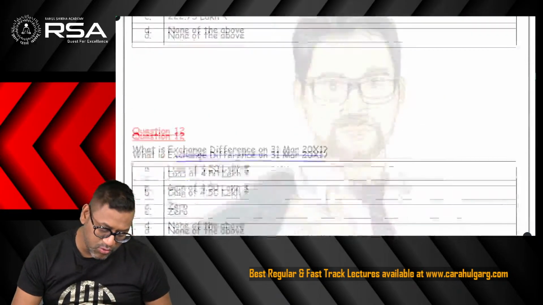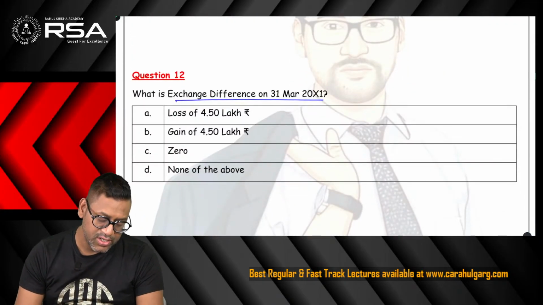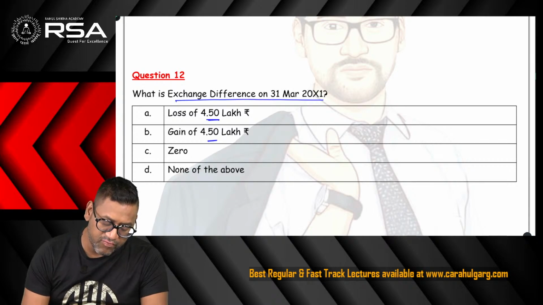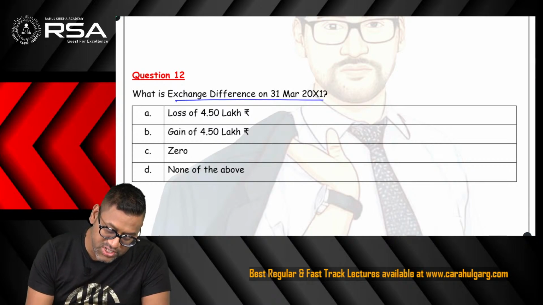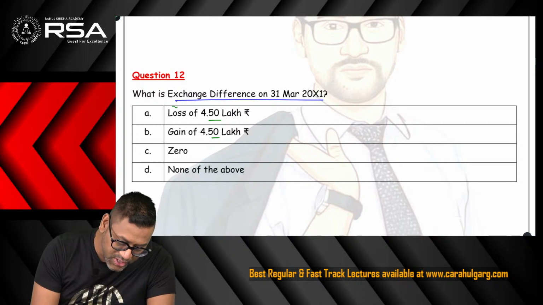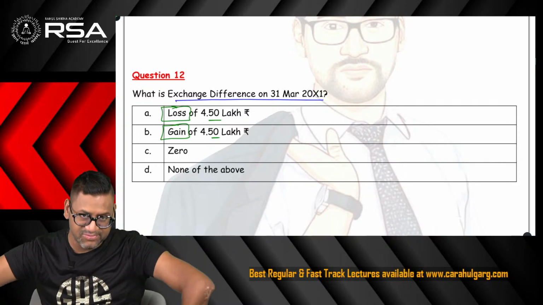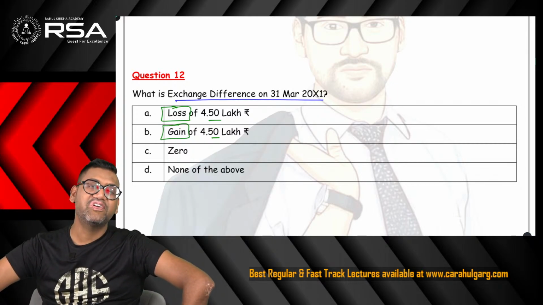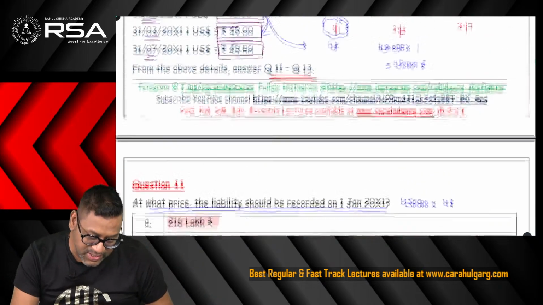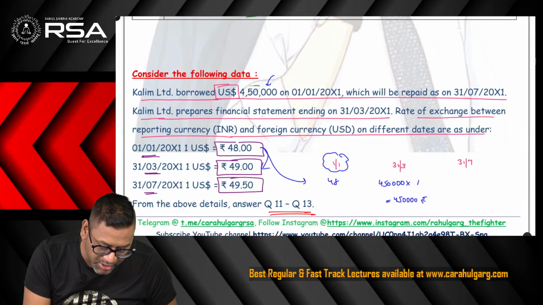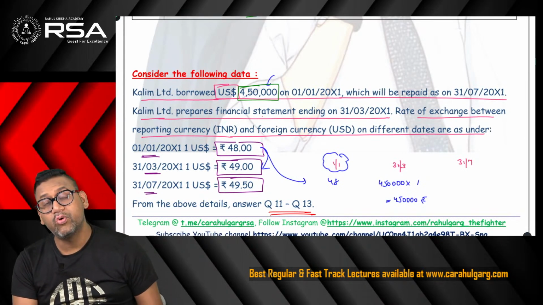So 4,50,000, but as soon as you go to the options, it is saying 4.5 lakh, 4.5 lakh. So there are two options given with the same amount, because it can be either the loss or the gain. Now you have to tell me whether it's a loss or the gain. It's the nature of the liability. We have taken the loan. The loan is a liability.